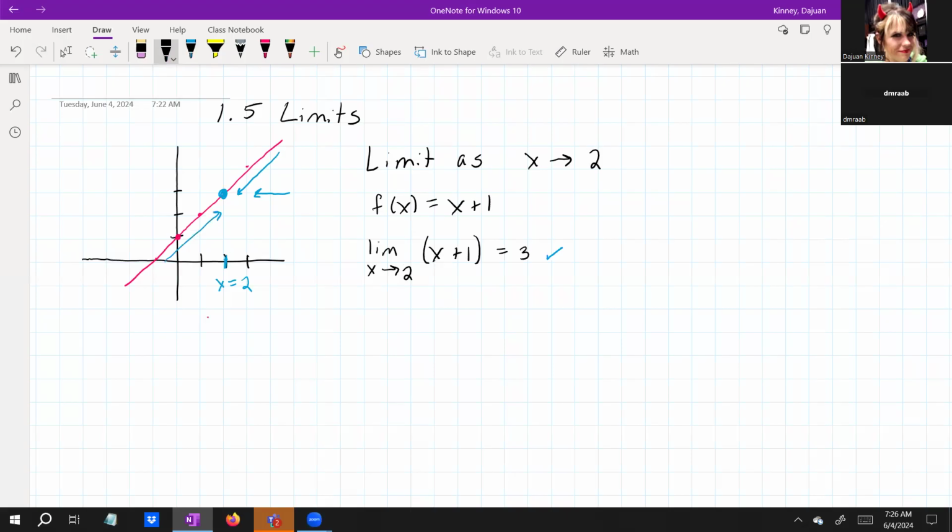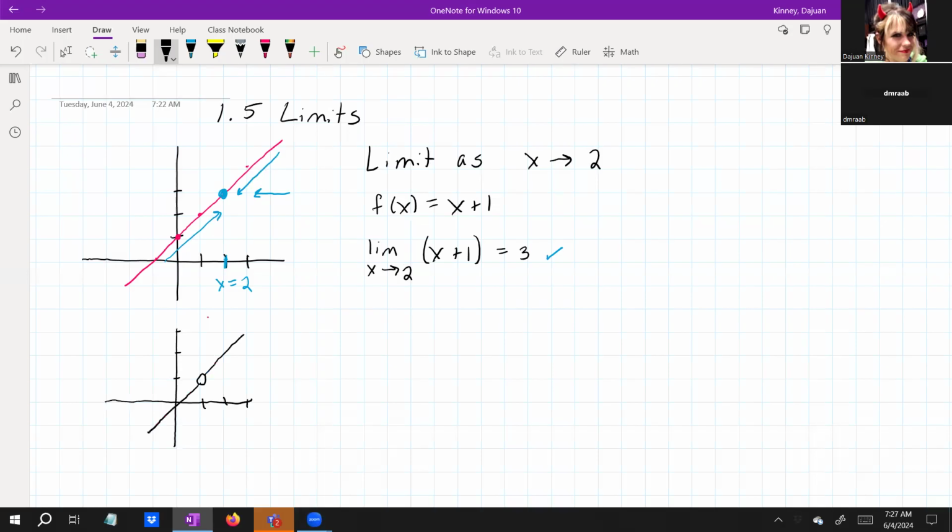So you're just looking at what your function is doing near the point. We can have a case where we have a hole there, but the limit will still exist. We'll talk about that more probably in another video. So let's say we have a hole right here.